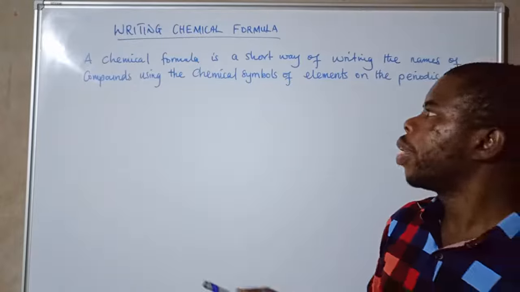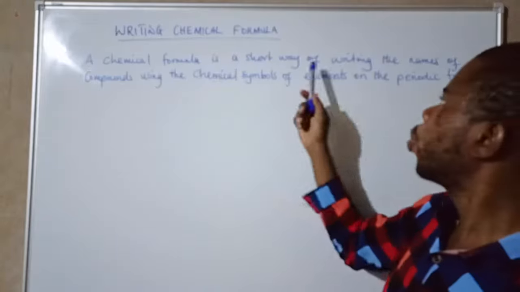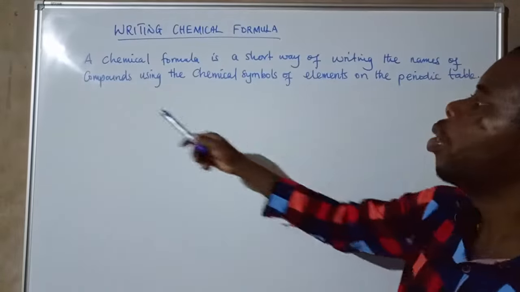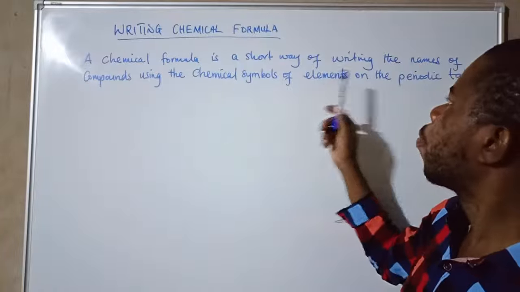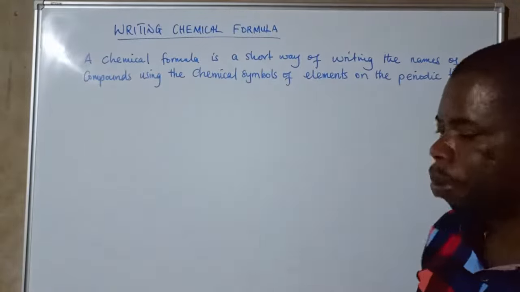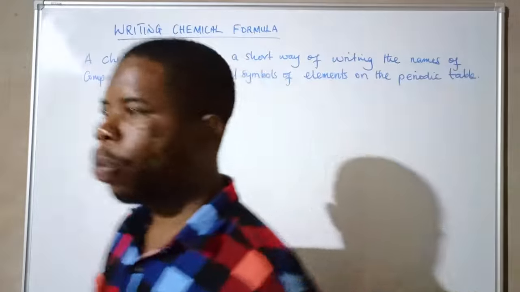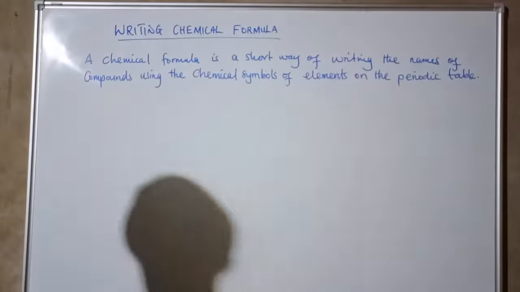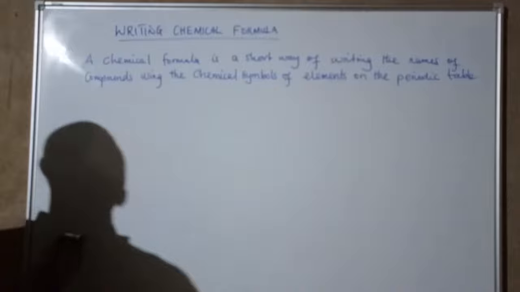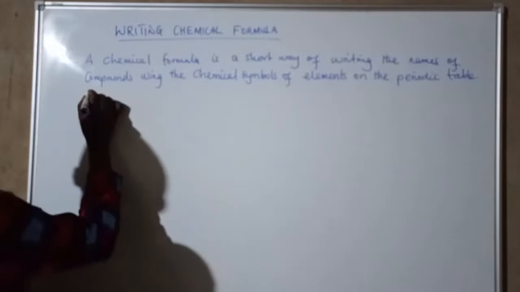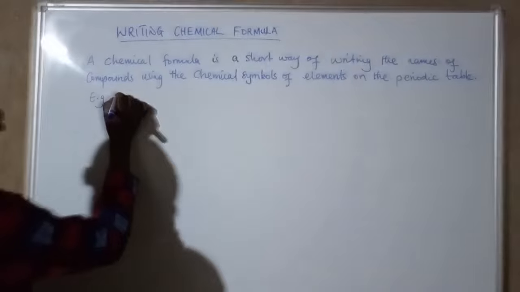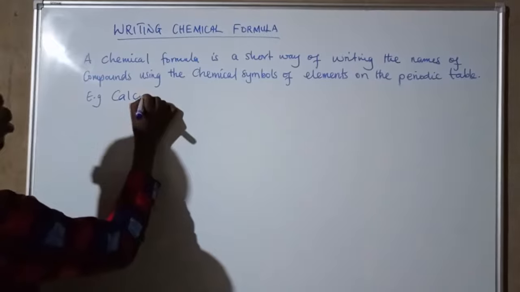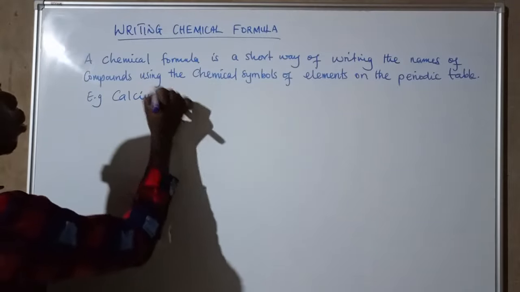So a chemical formula is a short way of writing the names of compounds using the chemical symbols of elements on the periodic table. What that means is, for example, I can give you the name of a compound like calcium chloride.